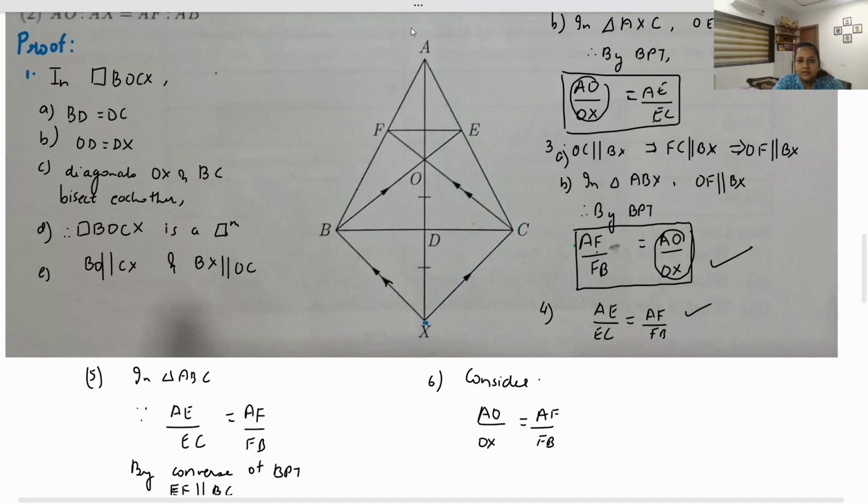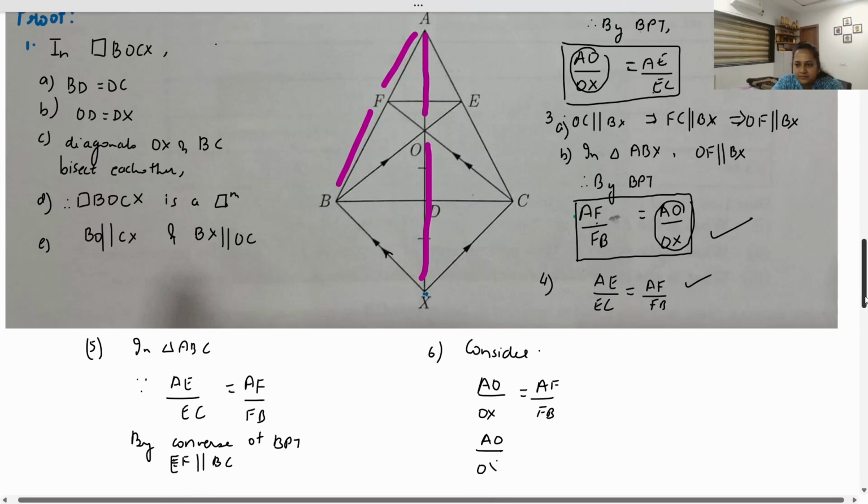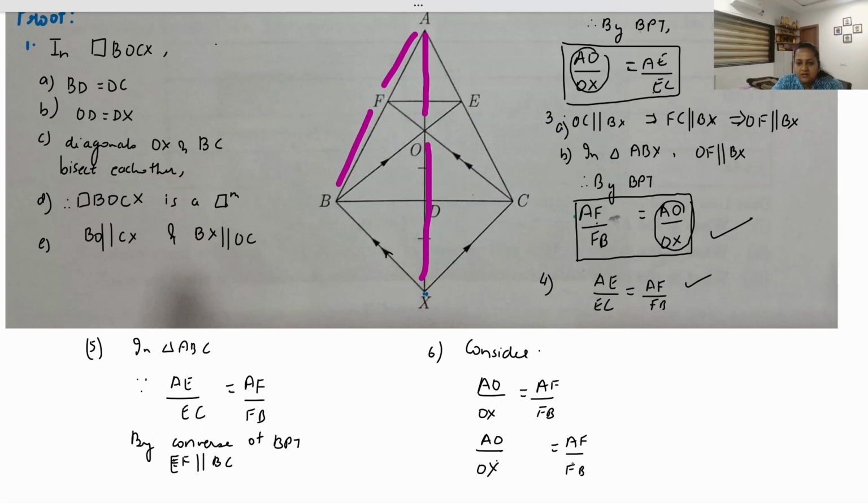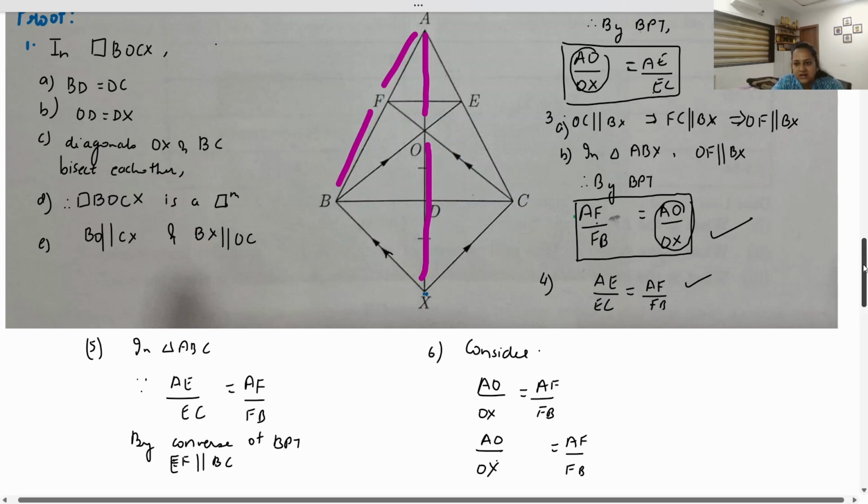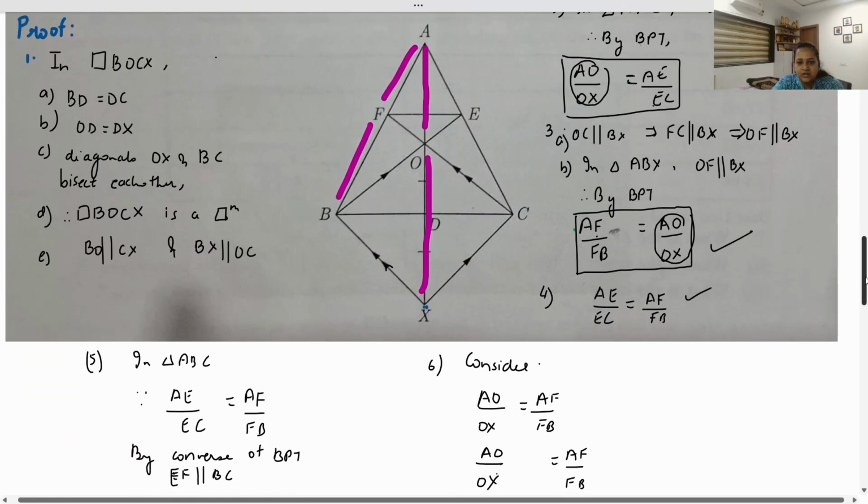Okay. Now what did we get? We wrote AO upon OX is equals to AF upon FB. So what are we going to do now? In my final answer, we need AO, we need AF.